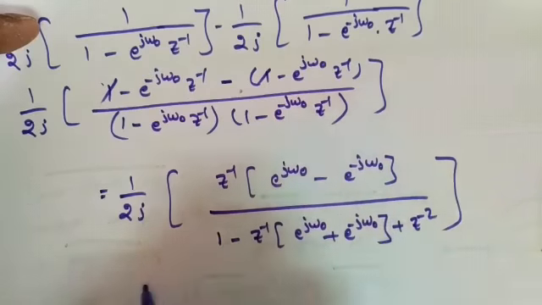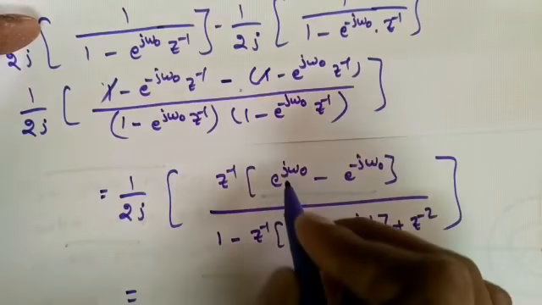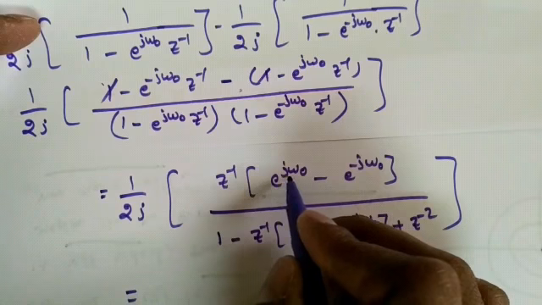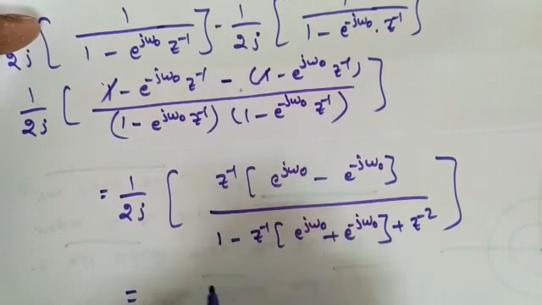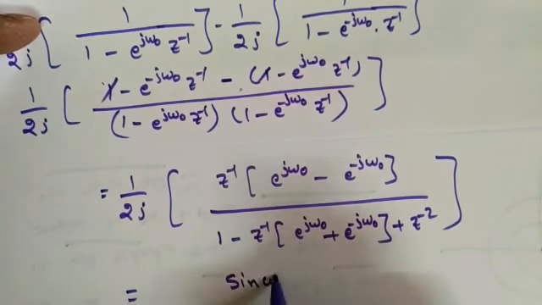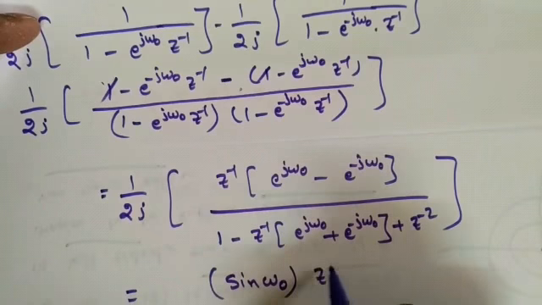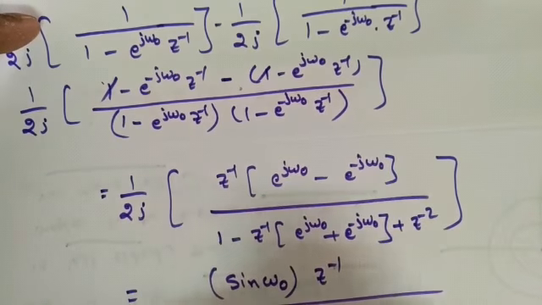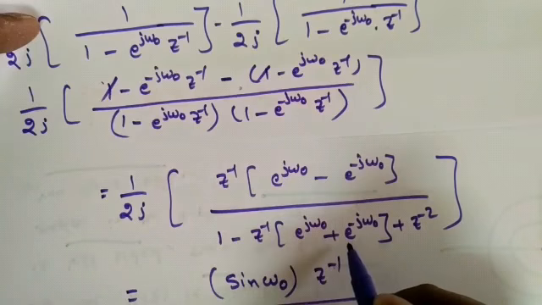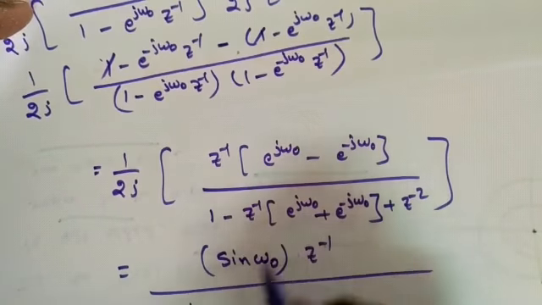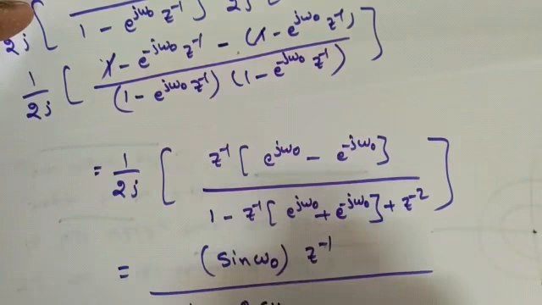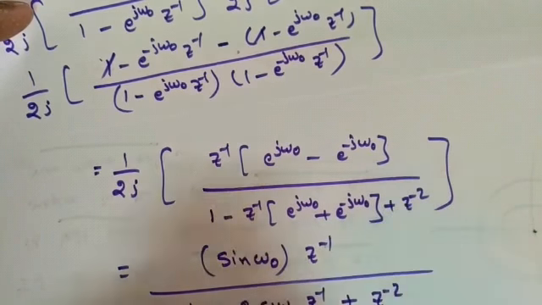Now 1 by 2j, if it goes inside, 1 by 2j into e power j theta minus e power minus j theta is nothing but sin omega naught into z inverse, by 1 minus, see here, e power j theta plus e power minus j theta, there is no 2, so it will become 2 cos omega naught z inverse plus z inverse squared.